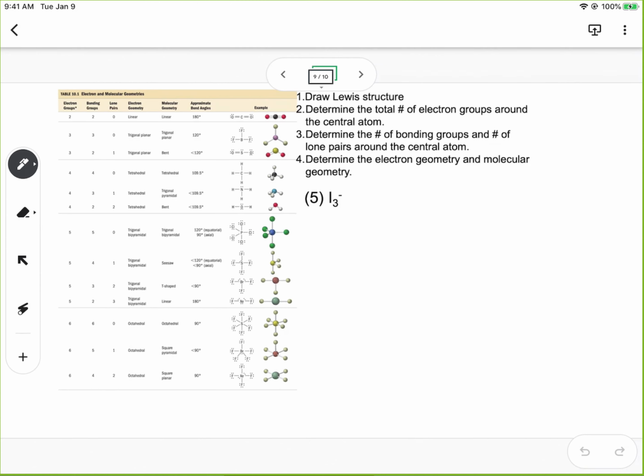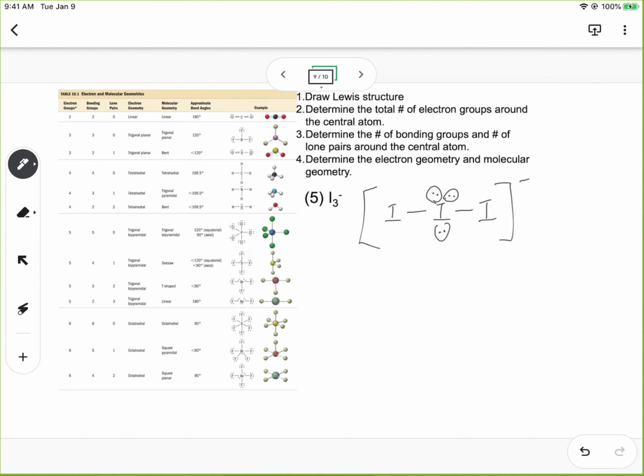I3 minus. Again, let me draw the Lewis structure of this compound. It's going to look something like this. You have three lone pairs on the central iodine, and of course a bracket with a negative sign outside the bracket. Now, let's get the code.